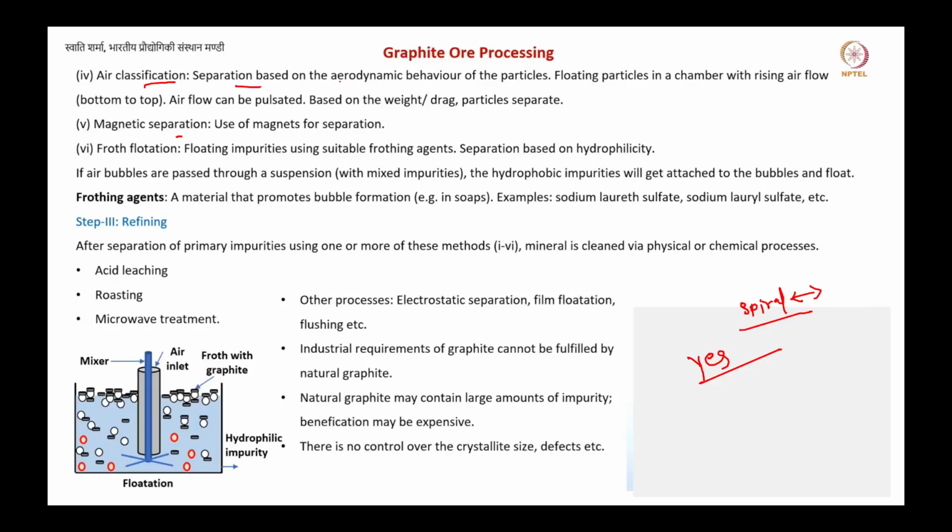Because of the higher mass, one will come down and the lower mass, whatever the peels are there, will come out. So due to the aerodynamic behavior of the particles, because every particle has its own aerodynamic behavior.